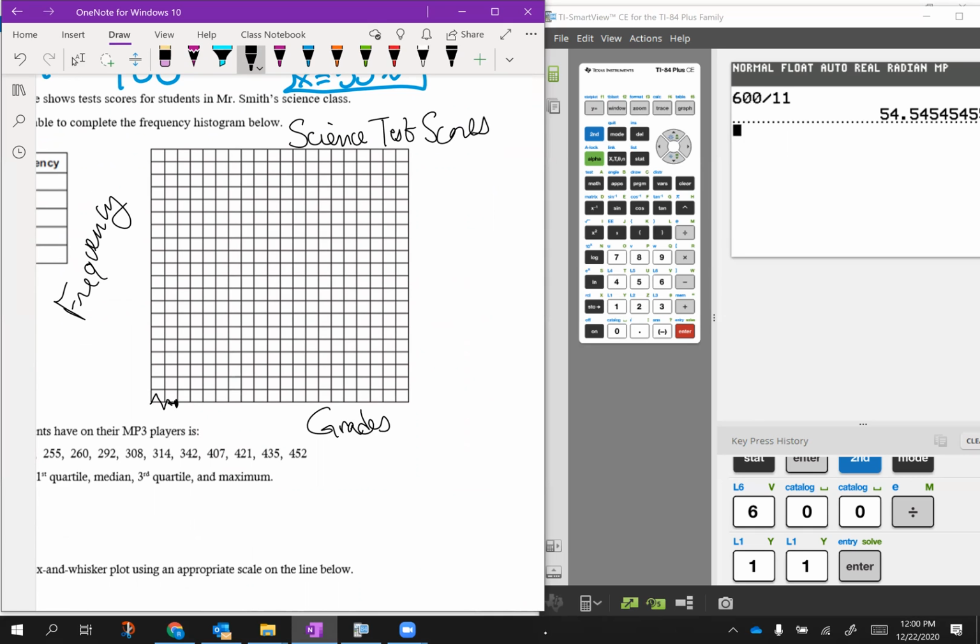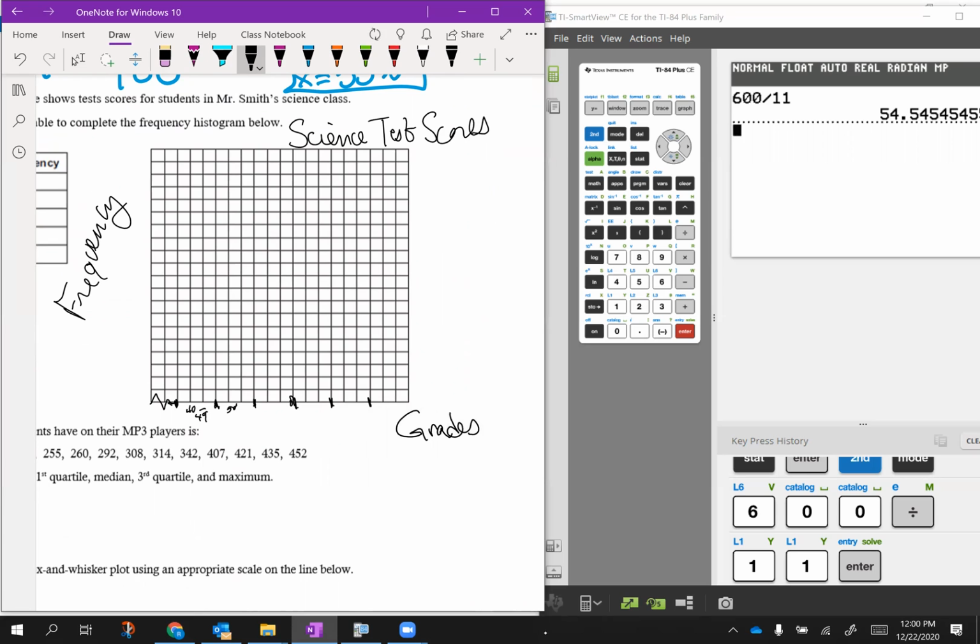We have 5 intervals. So I'll count by 3s again. So my first one goes from 40 to 49.